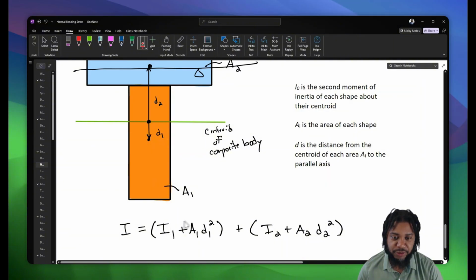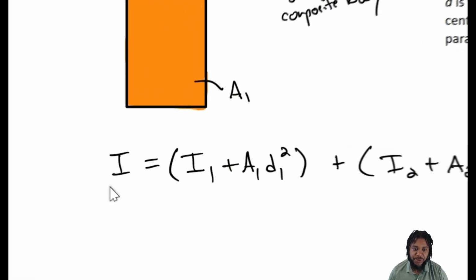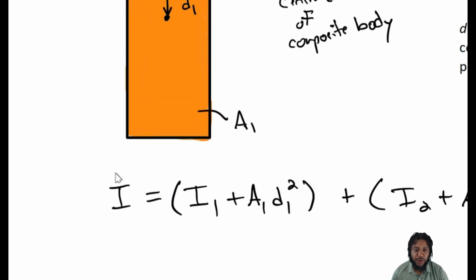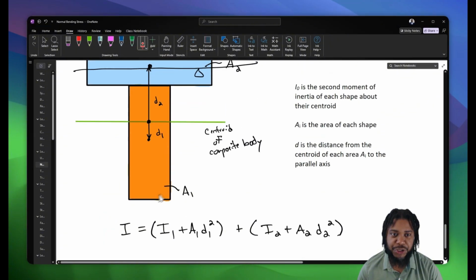If we are able to find those distances, calculate the areas and moments of inertia, then we get the overall second moment of inertia for this T-shaped geometry.